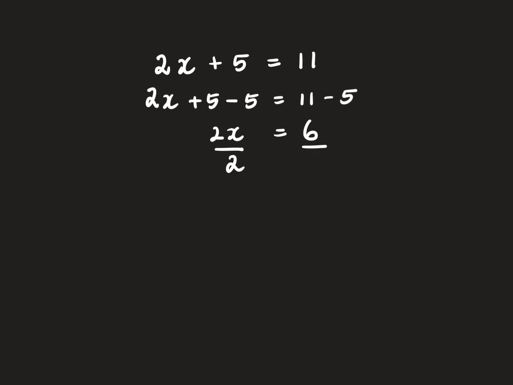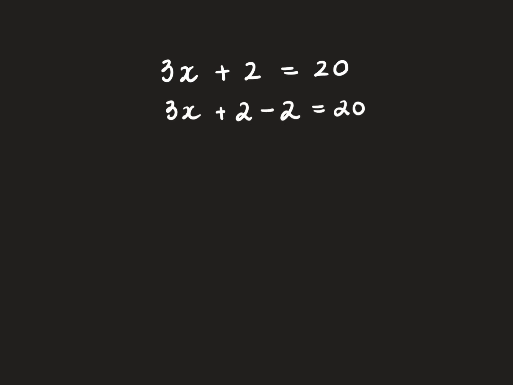Divided by 2, cancel. x = 3. Listen for this one. 3x + 2 = 20. 3x + 2 - 2 = 20 - 2. 3x = 18. Divide by 3, cancel.